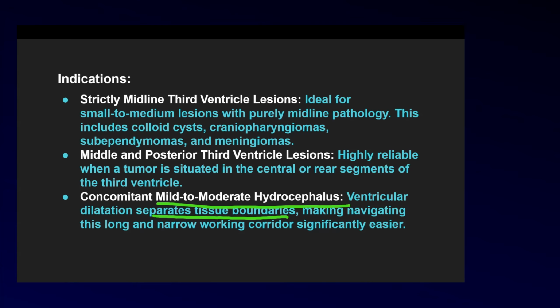But if this is moderate to severe, then it is not advisable, because in moderate to severe hydrocephalus, the ICP is going to be really high, and the interhemispheric fissure dissection is going to be really, really difficult for you. So that would be counterproductive. But as long as it is mild to moderate, just some ventricular dilatation, we can go via the transchoroidal approach safely.